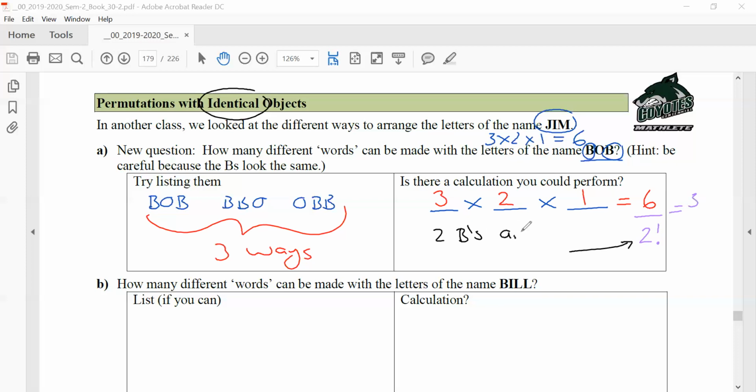If I want to think of it using the fundamental counting principle, there are 2 B's that could go in the first spot, and 1 B that could go in the last spot. But I can't tell the difference between them because they're identical. So I'm going to divide out my identical arrangements, and that's it. I get 3. Let's try this again.